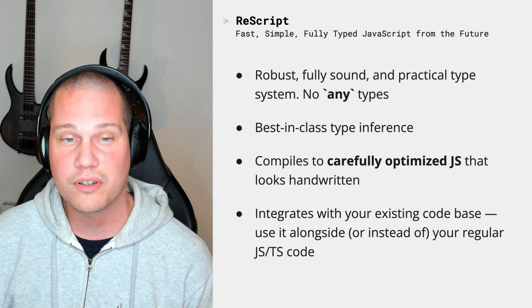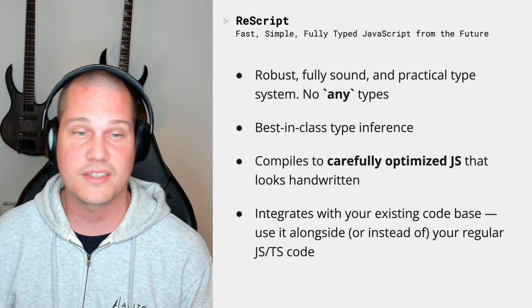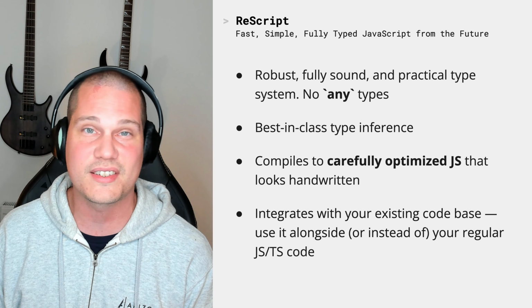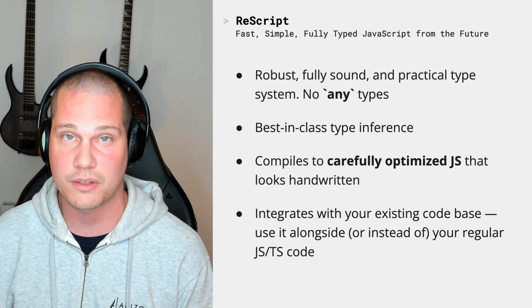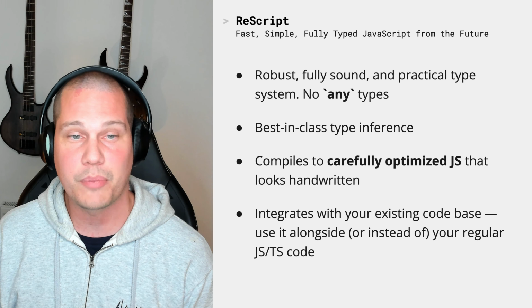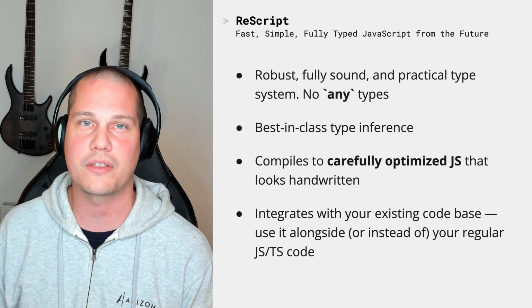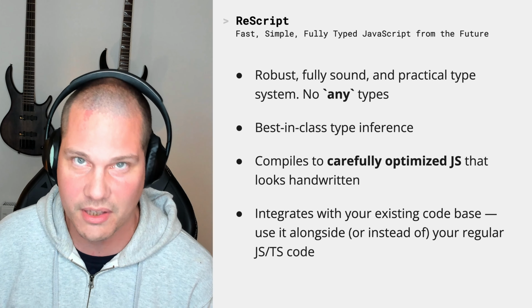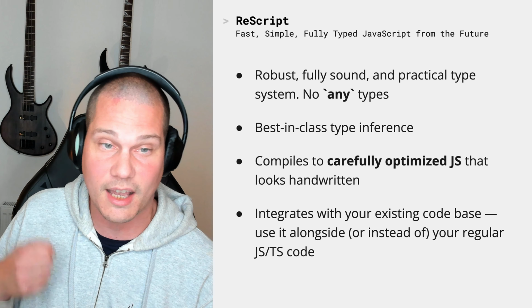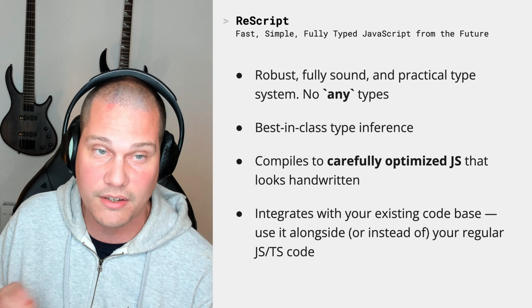So ReScript has a strong, sound and practical type system, and sound here means that it's 100% safe, as in if it compiles, it's going to work. It has a compiler that's more your helpful friend than someone you report to, which other compilers can feel like, where you need to constantly convince it that this thing I'm doing is actually what I'm planning to do. It also compiles to JavaScript that's often faster than handwritten JavaScript.